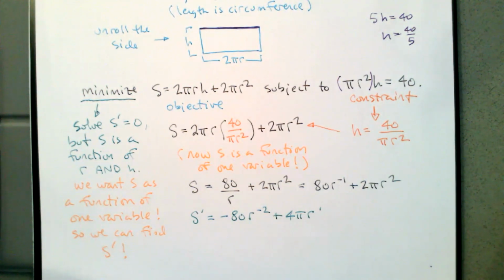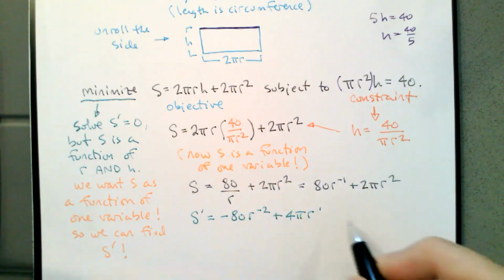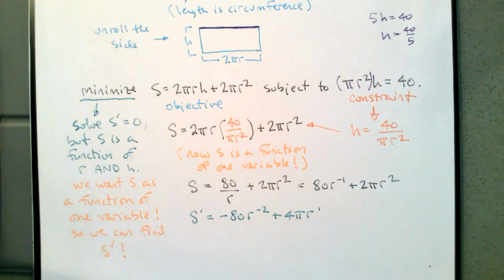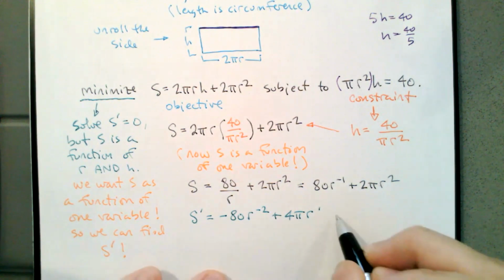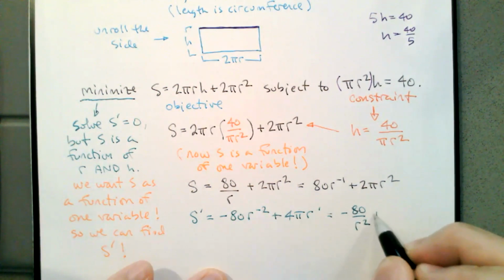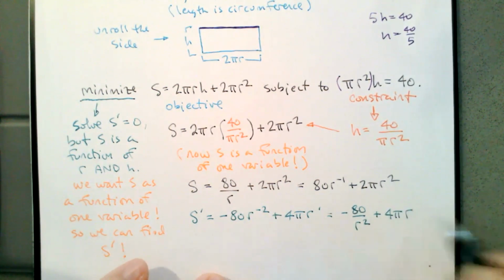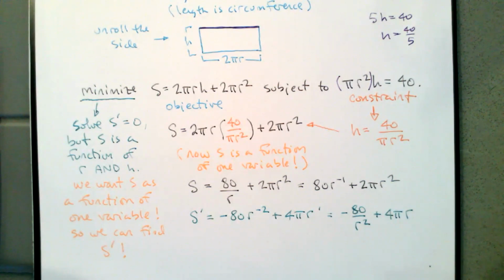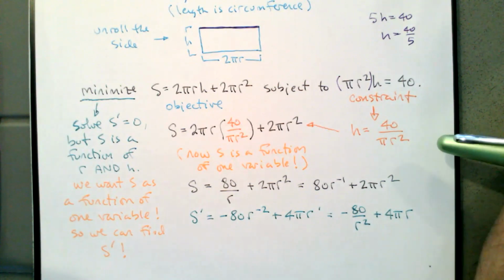Take the derivative, and the next step is to set it equal to 0 and then solve. But here's our derivative. Once we have the derivative, we set the derivative equal to 0 and then solve. In this case, we'll solve for r. Once we have r, we can go back and find h.